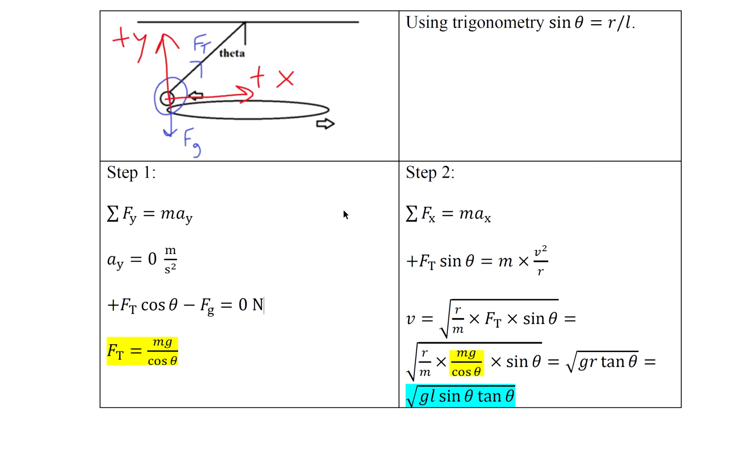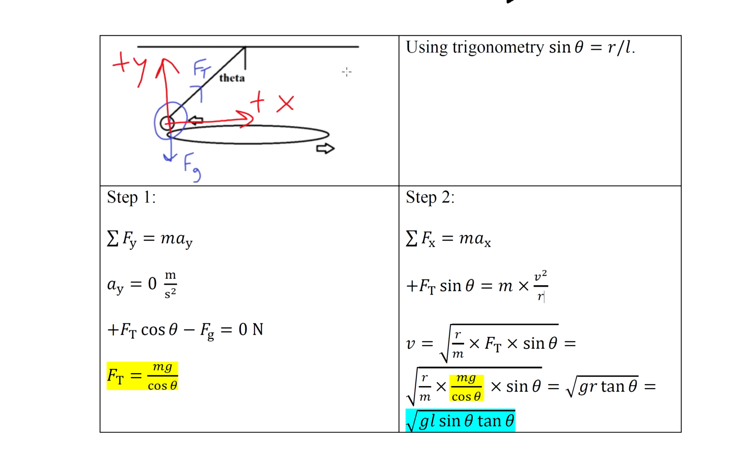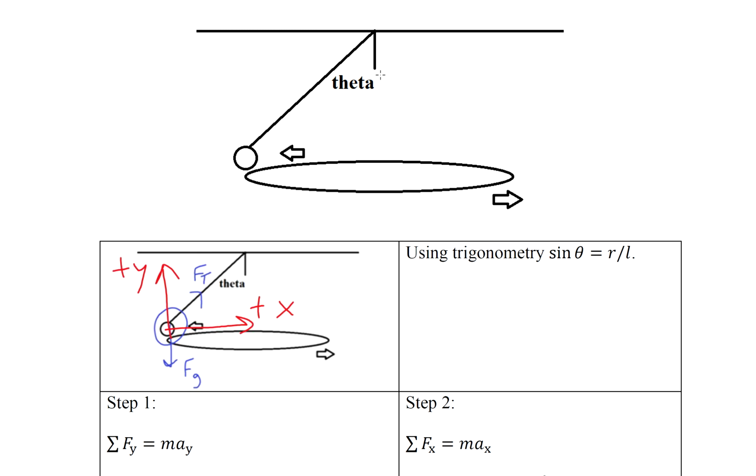Step 2, sigma F sub x equals m a sub x. In circular motion, a sub x is v squared over r. And what forces do we have in the horizontal direction? It's F_T sine theta. Remember, theta is measured from the vertical, not from the horizontal.